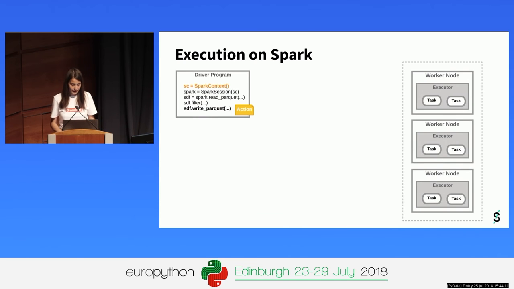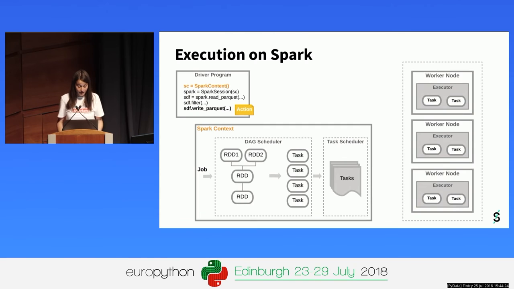I'm going to explain how a Spark application runs. Spark follows a master-slave architecture with a central coordinator called the driver and several distributed workers called executors. The driver instantiates the Spark context, which is in charge of breaking down the processing job into tasks and creating the execution plans.